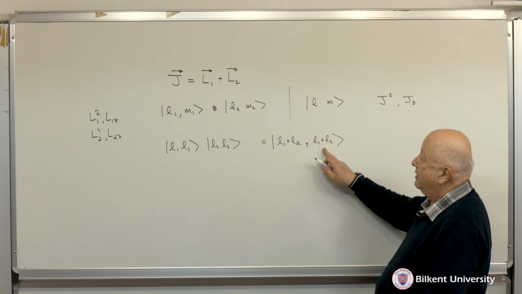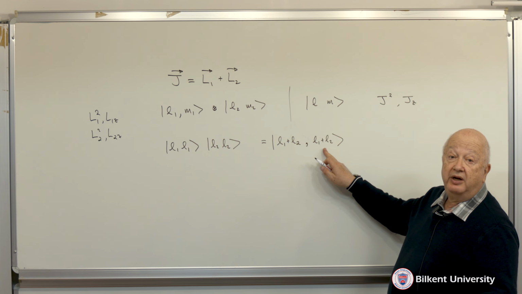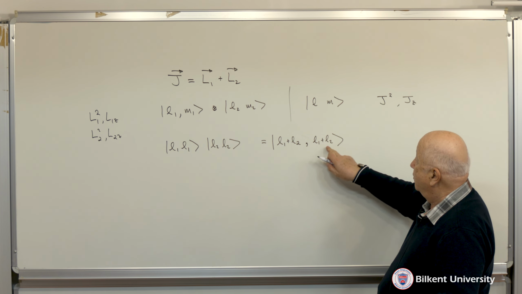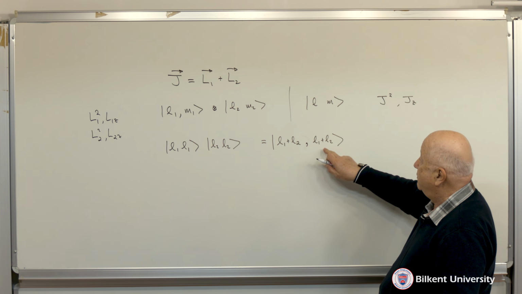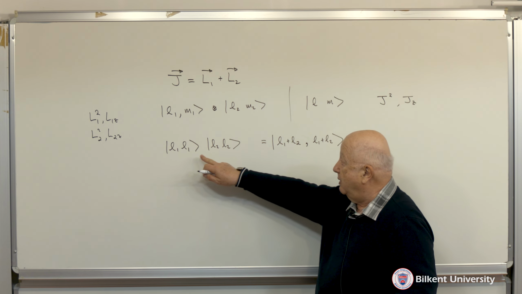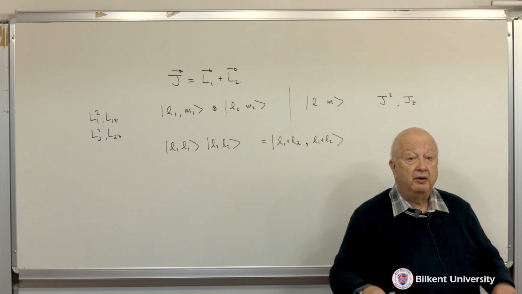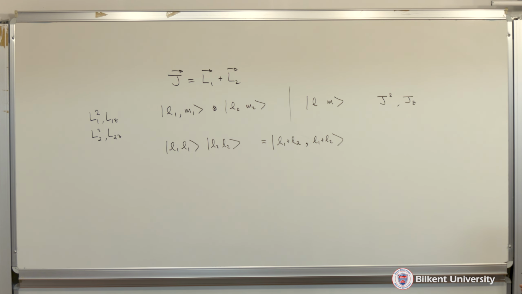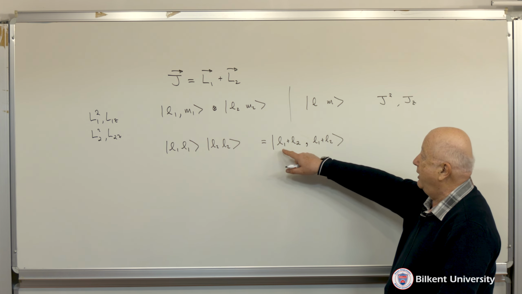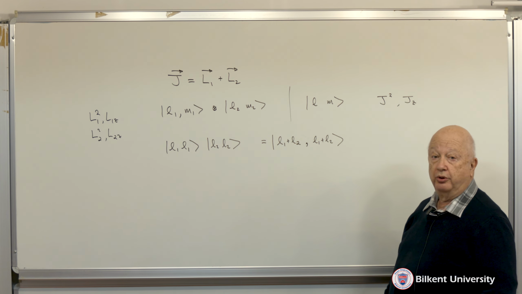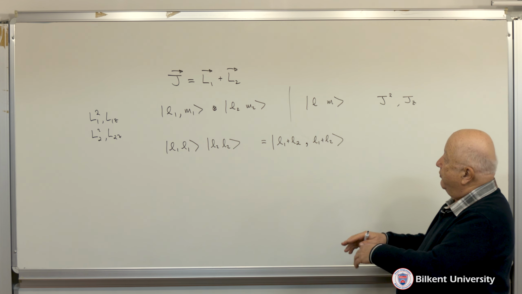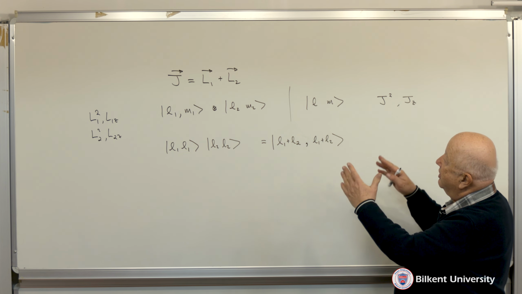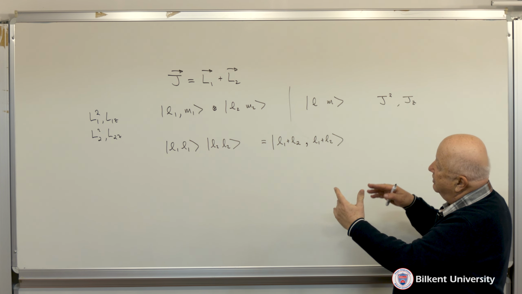Obviously I cannot have any state with a higher LZ momentum, because the LZ component here must always be the sum of these two. That means that I cannot have a total angular momentum larger than that also. So I have this set, and then I can generate the others.